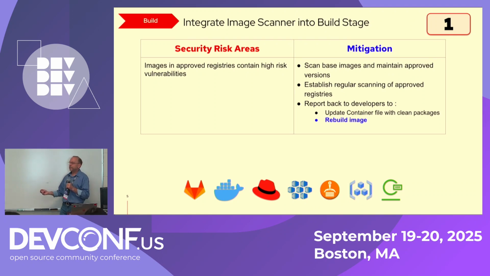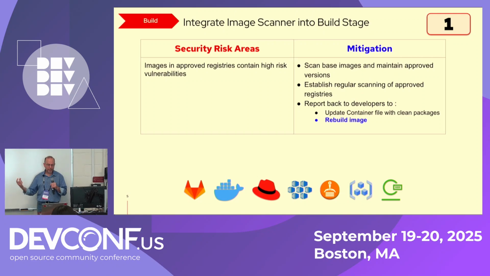Get into the habit of scanning base images and maintaining those approved, scanned base images. But also, and this is process, you need to establish a process for regular scanning of your approved registries, or the images that come into those registries. And you need to think about what you're going to do with that. We'll talk more about that, but the essence is we're already talking, right?